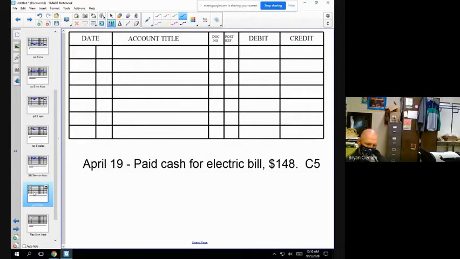Lauren, will you read that one, please? April 13th, paid cash for utilities. Okay, so what's the debit, what's the credit for this one? Utility expense for debit. Cash.